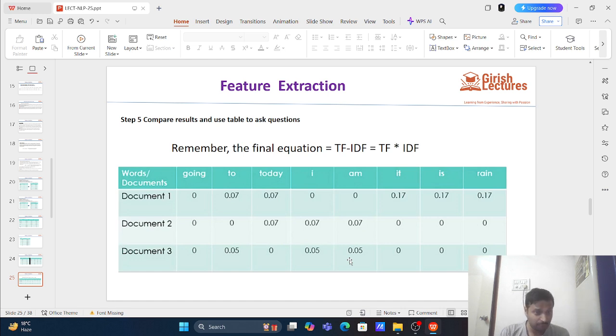So from these values, we can come to a conclusion that it is rain. These are the 3 terms which got some of the higher values here. These higher values might help us to summarize your text, to model your text, and we can use all these 3 words later as well.